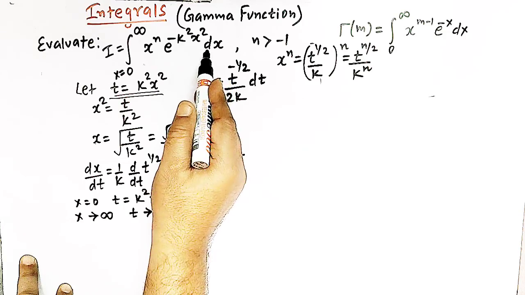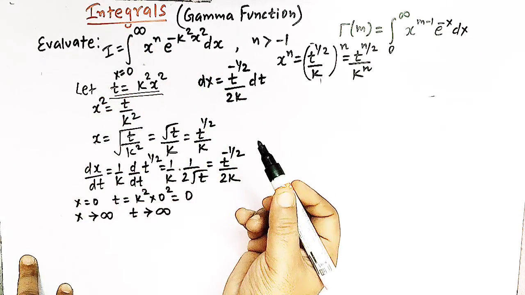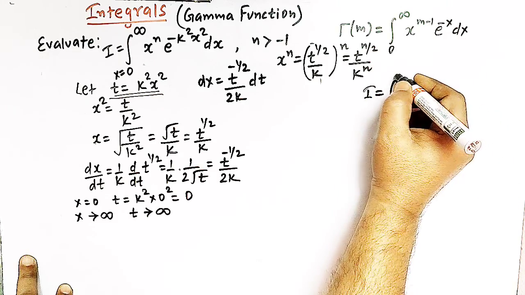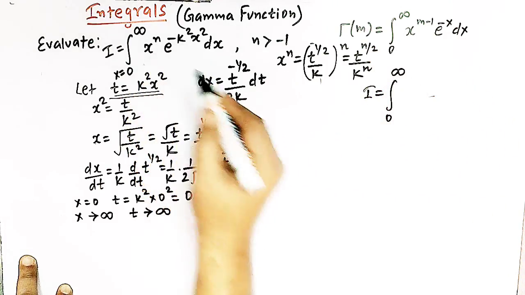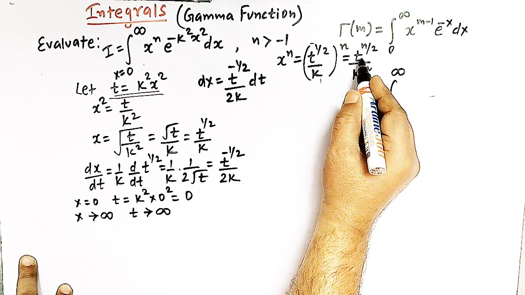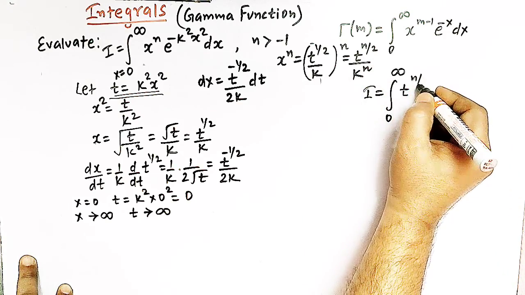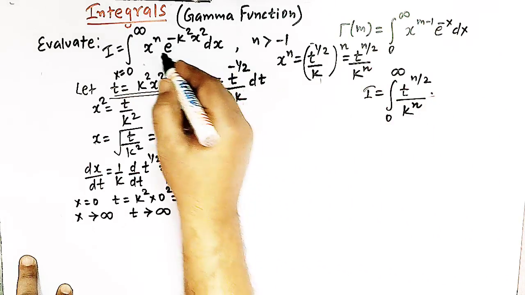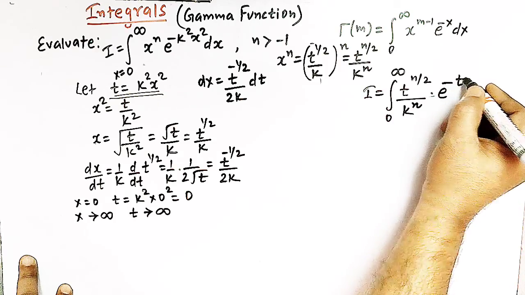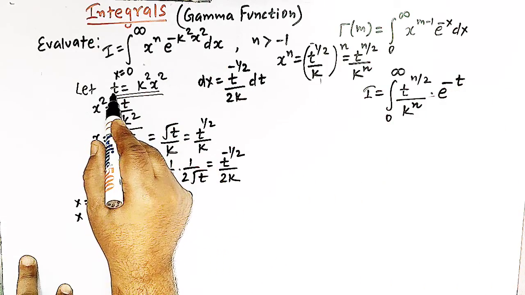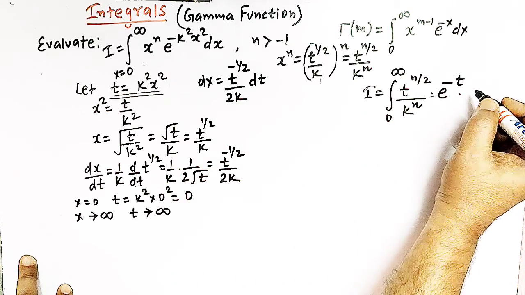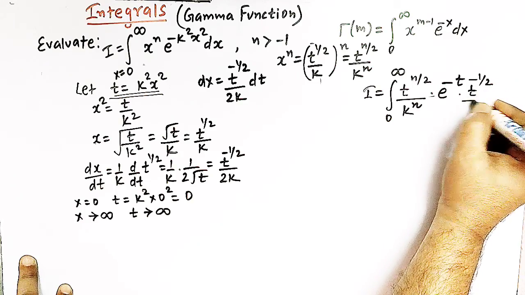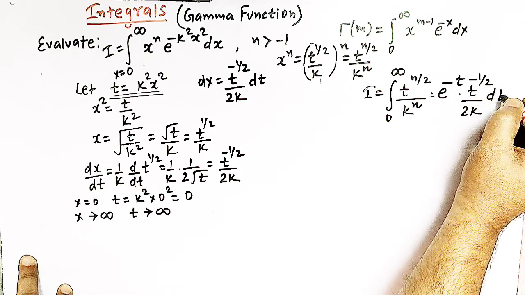So now we can write this integral in terms of t. So we can now write I is equal to integral from 0 to infinity, and for x raised to n we can now use this expression. So we have t raised to n over 2 divided by k raised to n, and here we have e raised to minus t, because k square x square is t, and for dx we can now write from here t raised to minus half over 2k, and here we have dt.